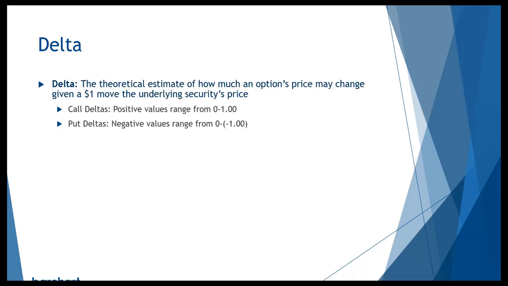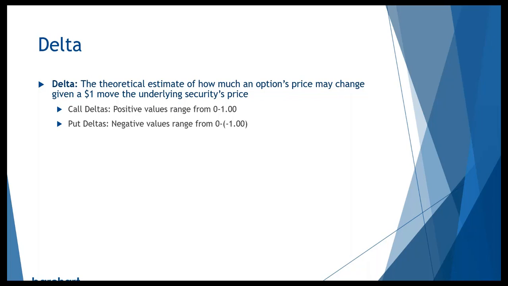All right, delta. So what is delta? Delta is our theoretical estimate of how much our option price is going to change with a change in the price of our stock, in this case, a $1 change. Call deltas have a positive value, a range of values between 0 and 1.